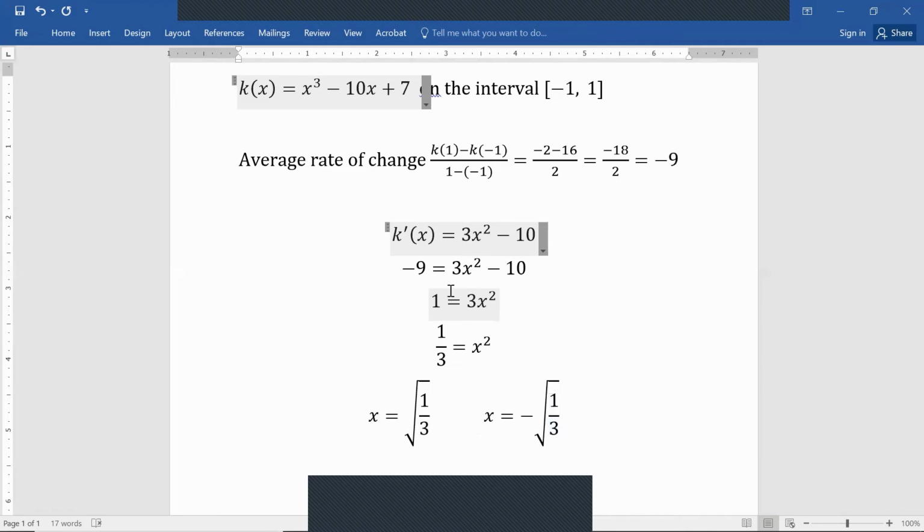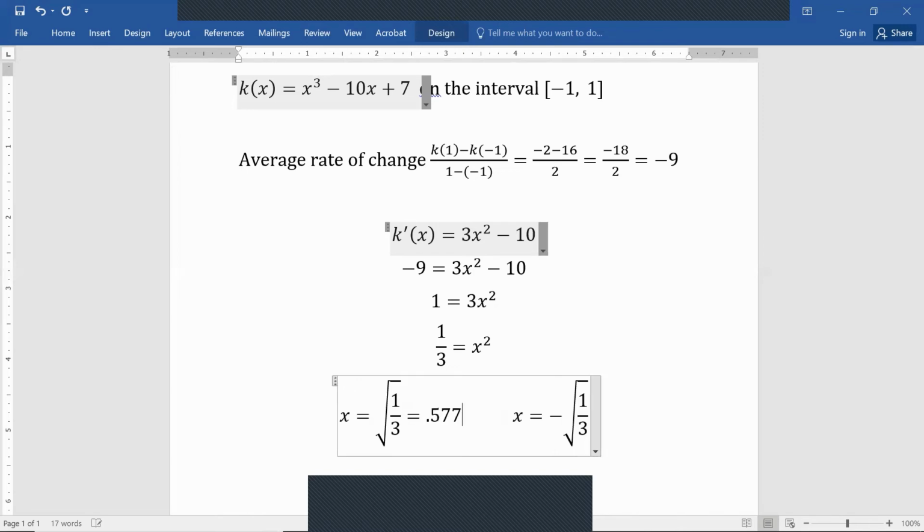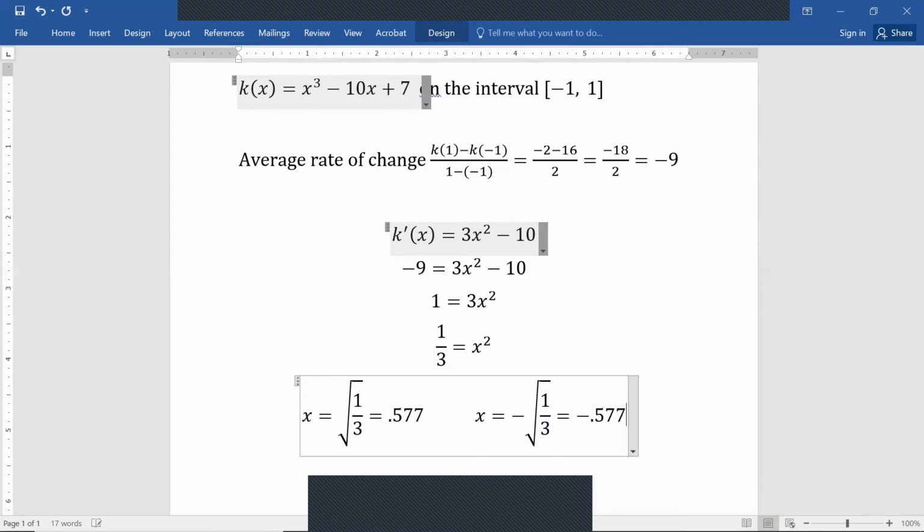If you'd rather write the square root of 1/3 as a rounded decimal, it's right about 0.577. So you could write that as 0.577 rounded to 3 places, or this one as -0.577 rounded to 3 places.